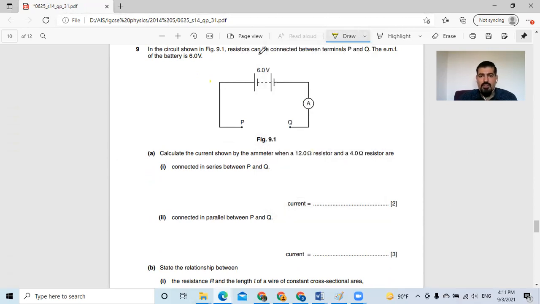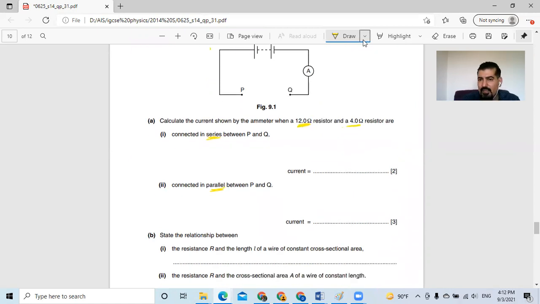If the circuit shows the resistance can be connected between the terminals P and Q, the EMF, the voltage, is 6 volts for the battery. Calculate the current shown in the ammeter when the 12 ohm and 4 ohm resistors are connected in series or are connected in parallel.